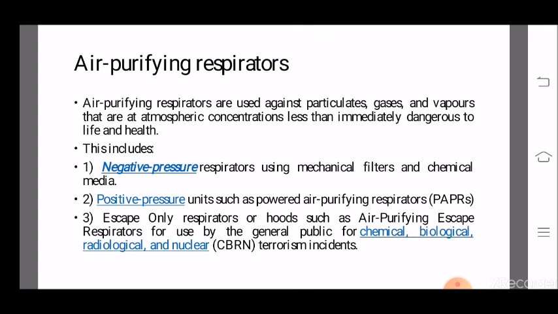The respirators may be designed as negative pressure respirators, positive pressure respirators, and escape only respirators, which are in terms of mechanical filters or chemical media separators, or which are having electrochemical effects to clean the input air.